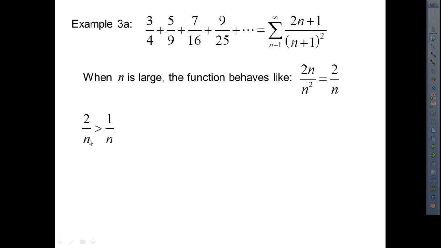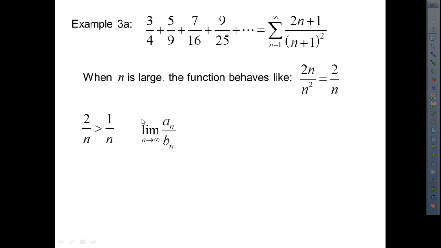Now, 2 over n is always going to be greater than 1 over n. Now, what do we know about 1 over n? Well, 1 over n is a p-series with a p-value of 1. So if 2 over n is greater than something that we know diverges, what do we know? Well, we know that it is going to diverge as well.